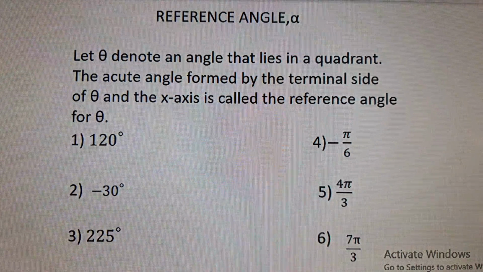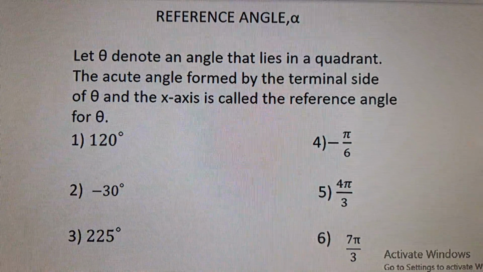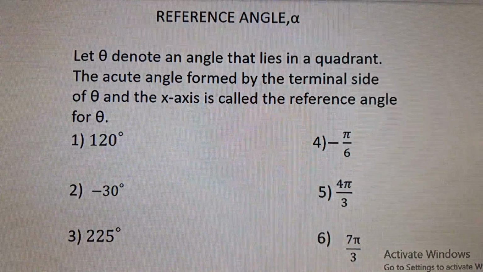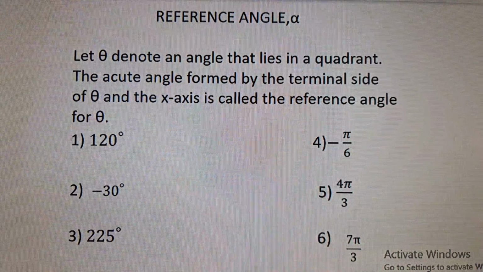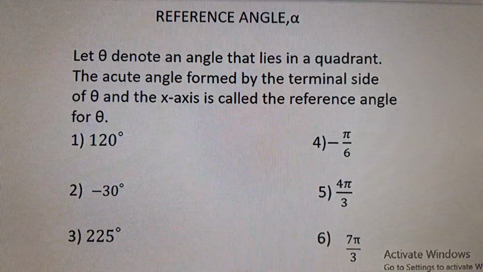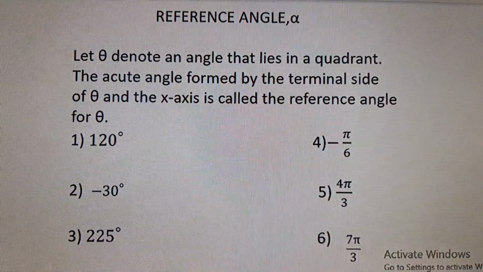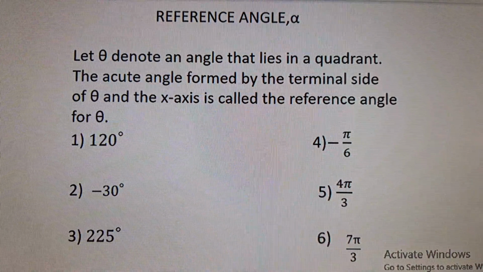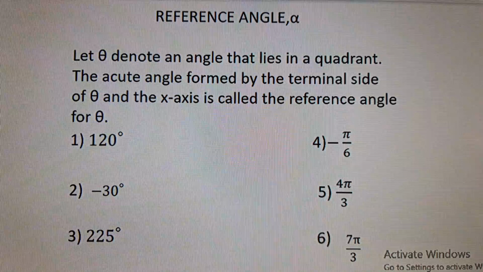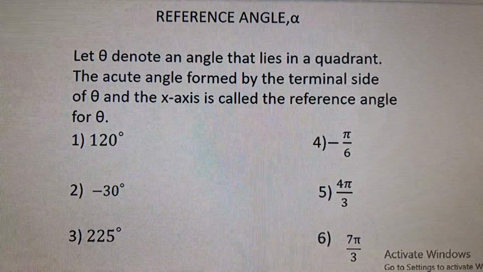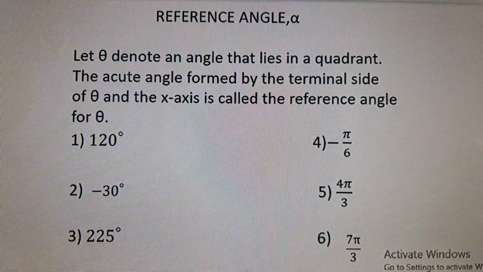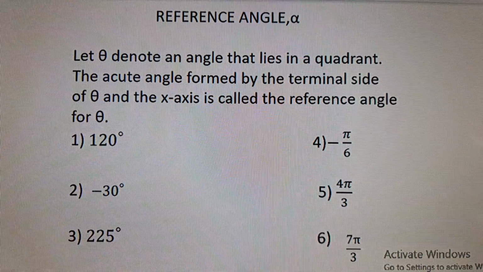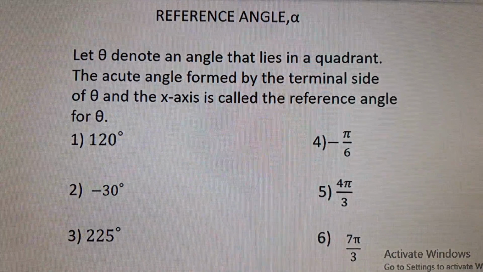These are angles, and what we are going to be doing is to determine the reference angles for each one of these given angles. We will see in a minute the usefulness of reference angles. So let's talk about the theory.